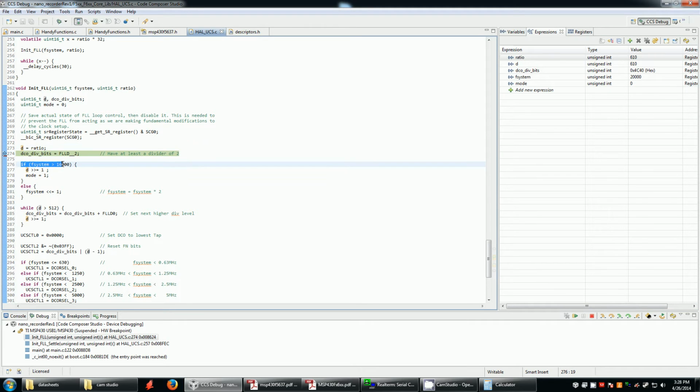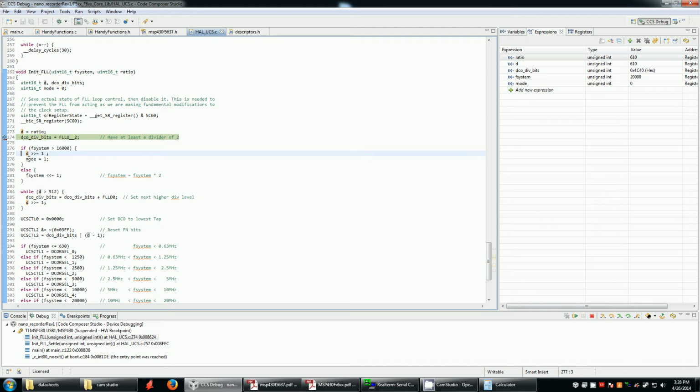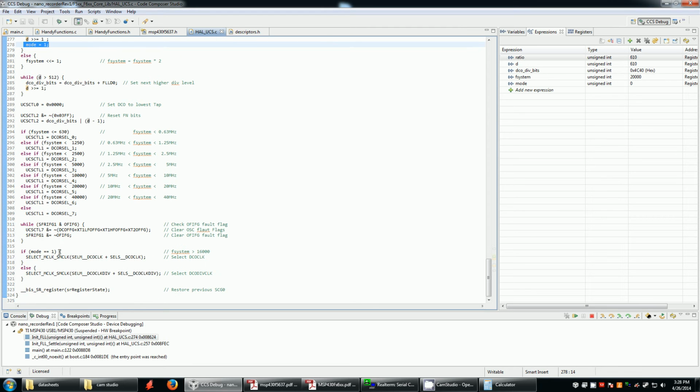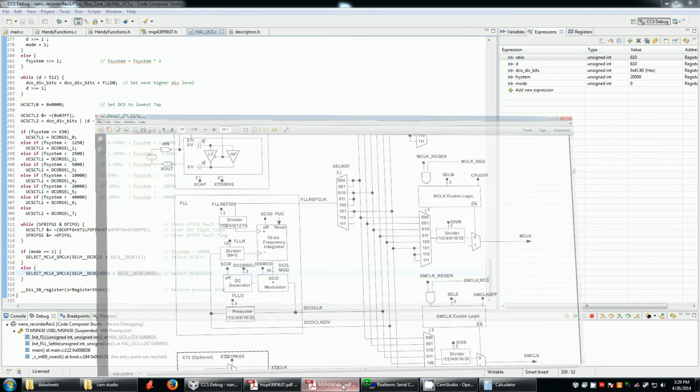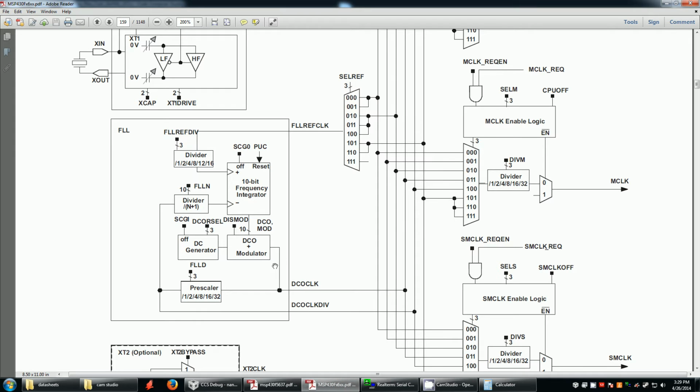Alright, so the first thing it does is check, is the system frequency above 16 megahertz? It checks this because one reason, it sets a mode down here, and if it is greater than 16 megahertz, this sets our main clock to DCO and our sub-main to DCO. If it's less than 16 megahertz, it selects our main clock to DCO div and sub-main to DCO div, which, go back and look at the diagram.